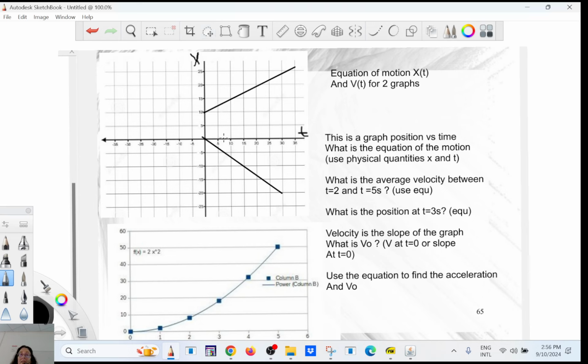So position as a function of time. Let's find the slope here. Let's take 2 points that are convenient, maybe here and there. So what's going to be the rise? Okay, what's the run? 10. Okay, so what's the equation? X equals, the y-intercept is 10 plus, what's the slope?